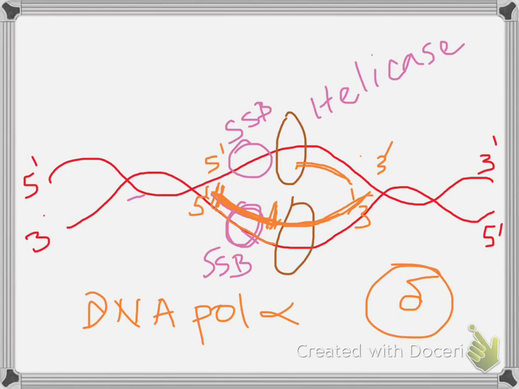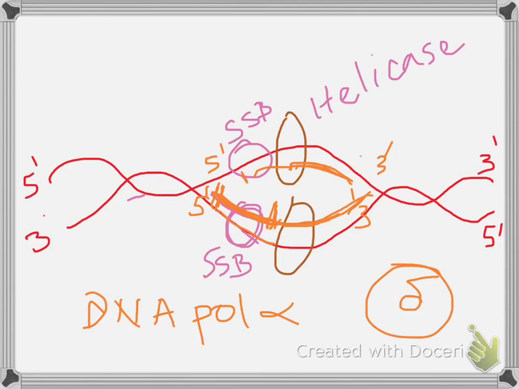So DNA polymerase alpha here also forms a primer. Then the nucleotides are added by DNA polymerase delta.